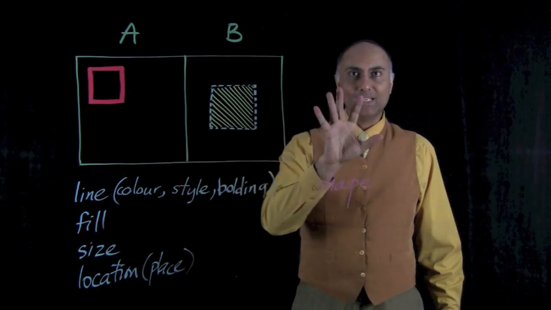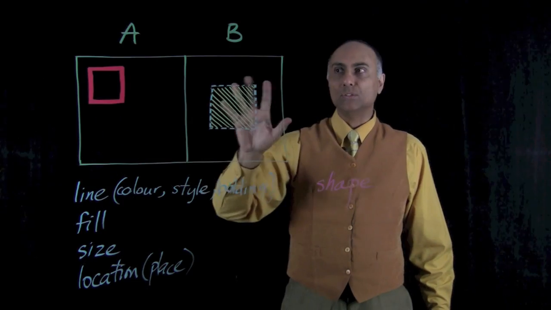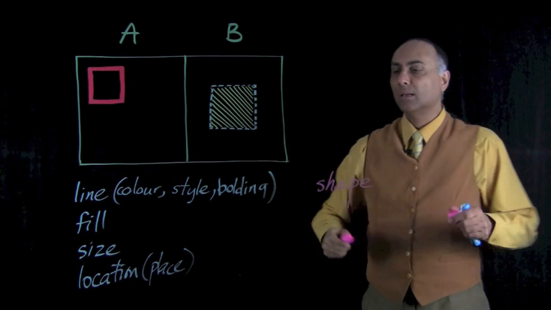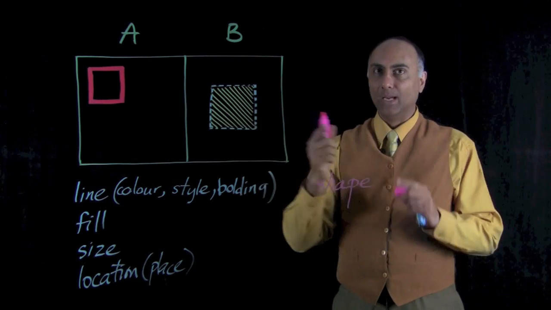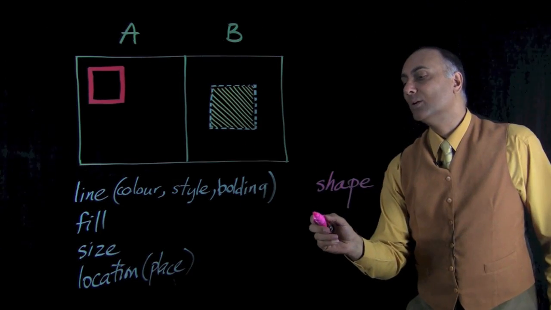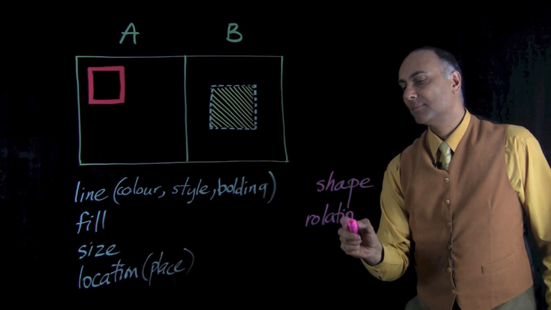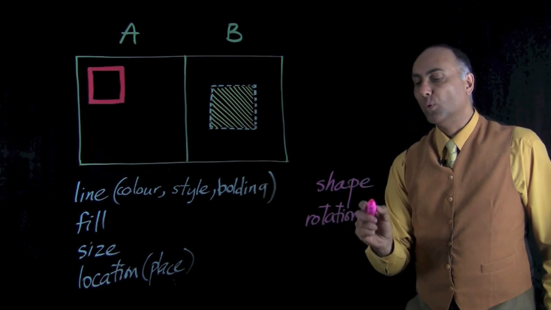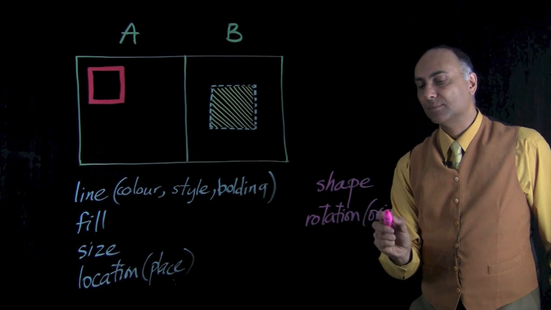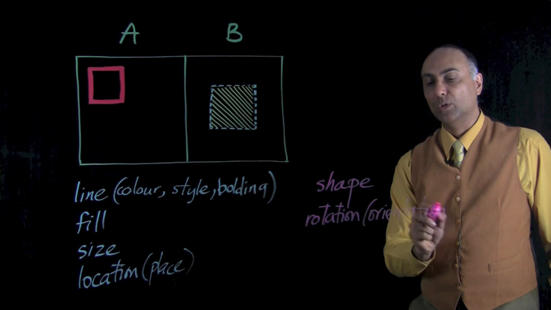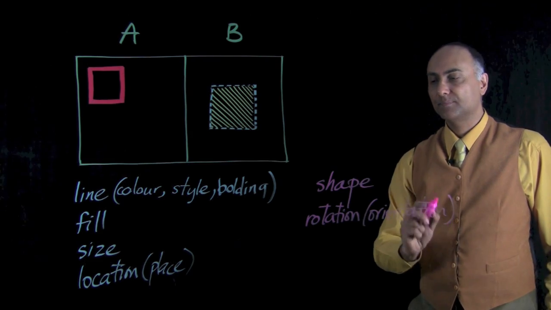But unless there's a reason to, you must assume that it hasn't rotated. Sometimes you will have a reason to, but until you do, if it's the same way up, say so. So we can call that rotation, or you could call it orientation, which are both indicators of which way up it is.